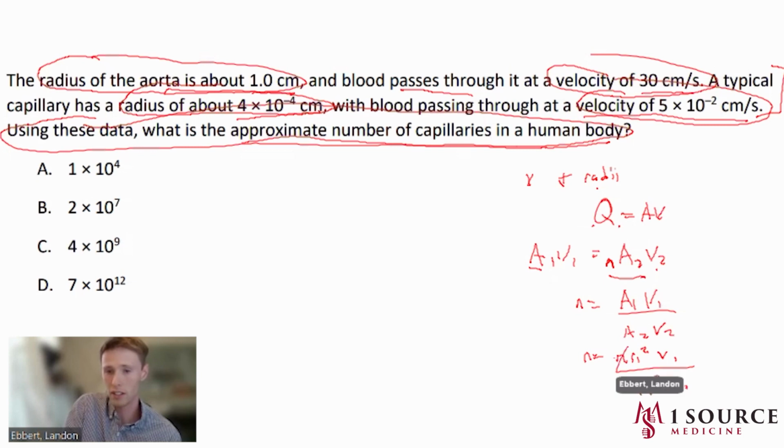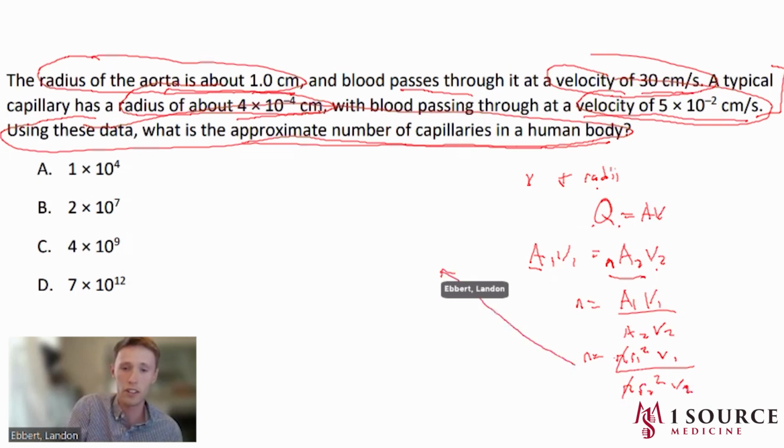Right off the bat, I realize that the pi's are going to cancel out, and I'm left with R1 squared times V1 over R2 squared times V2. Sorry if that's a little hard to read. And then I'm just going to plug in numbers and solve it and see if I got the right answer.